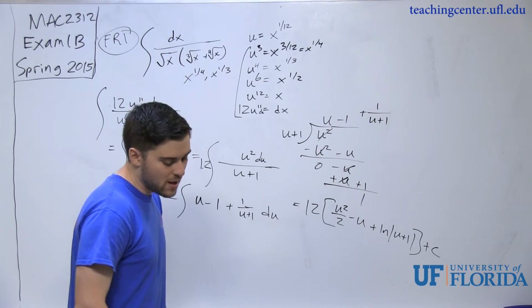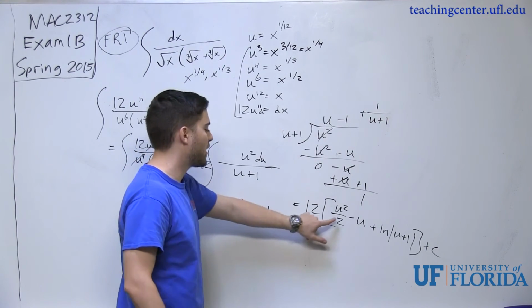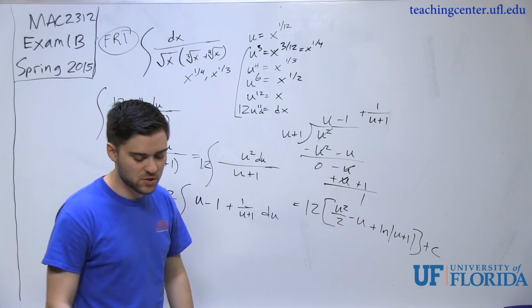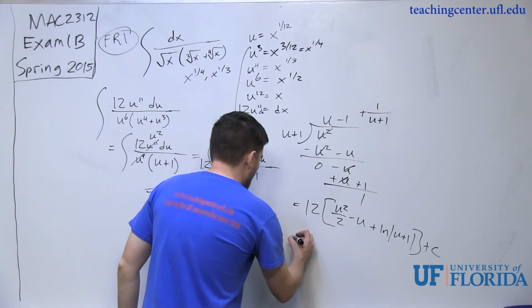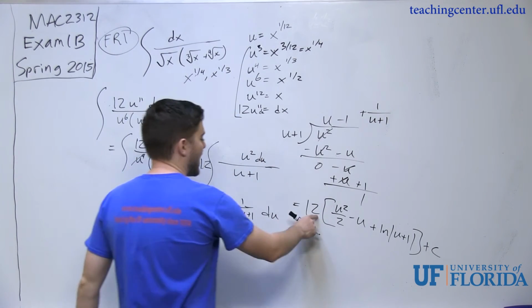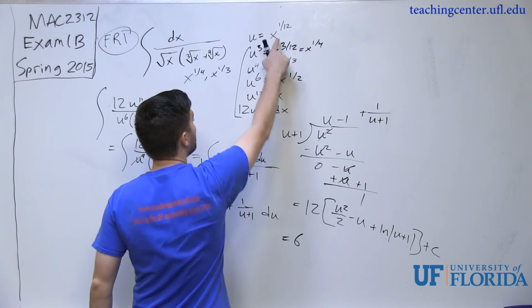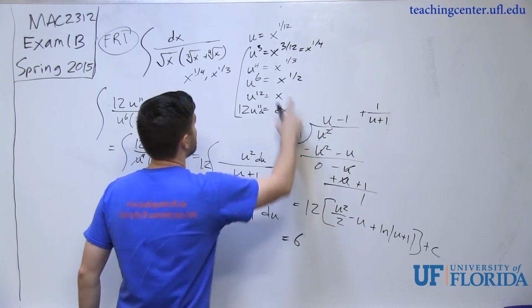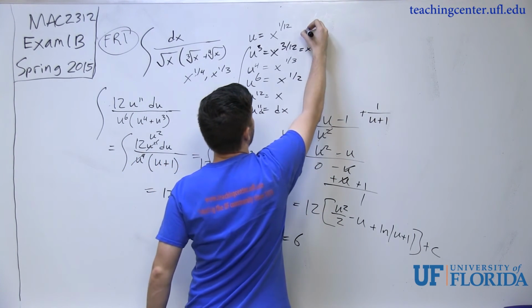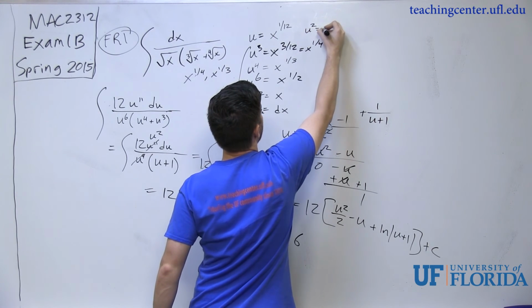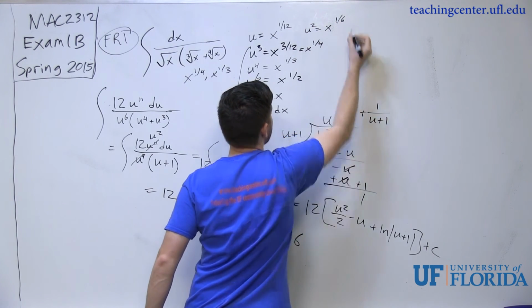All I have to do is plug back in for my u terms and get my original substitution. So when I go through and do that, I have 12 times 1/2, so that would be 6 for the first term. u squared, so if I square this term, I end up getting u squared equals x to the 1 over 6th.